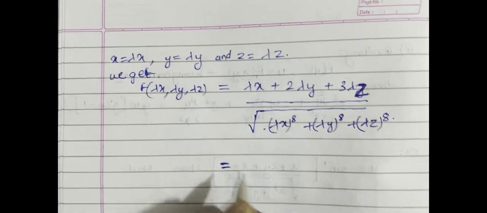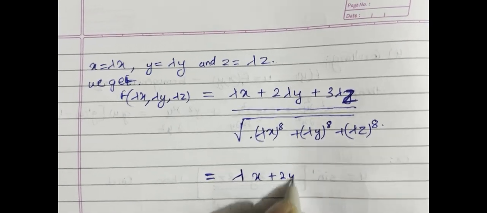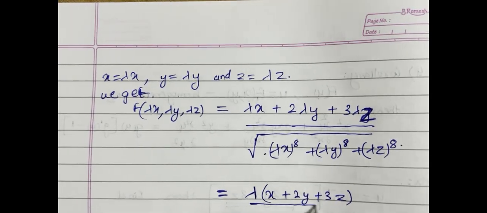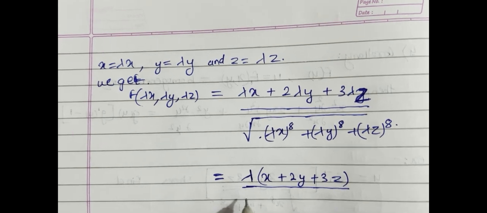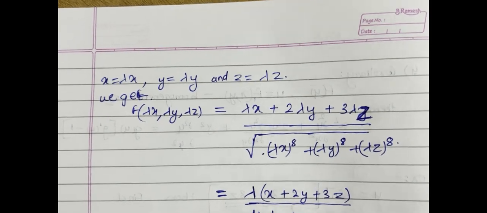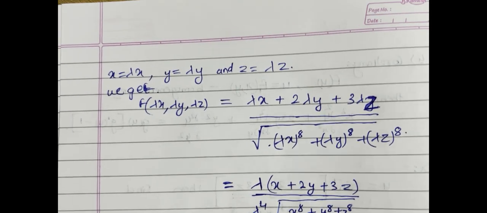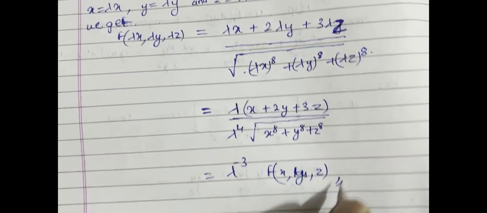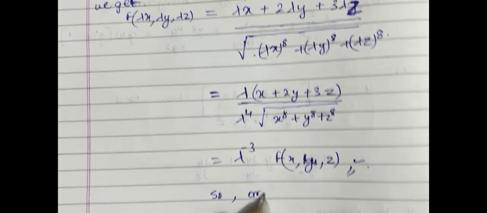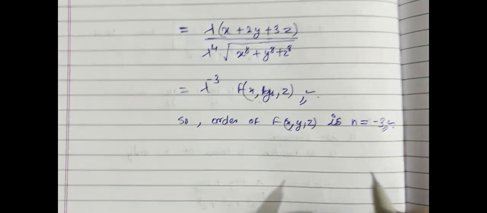After taking lambda common in the numerator, we get lambda times x plus 2y plus 3z, and in the denominator we get lambda to the power 4 under root x power 8 plus y power 8 plus z power 8, so lambda to the power minus 3 into f of x, y, z. So the order of f of x, y, z is n equals minus 3.